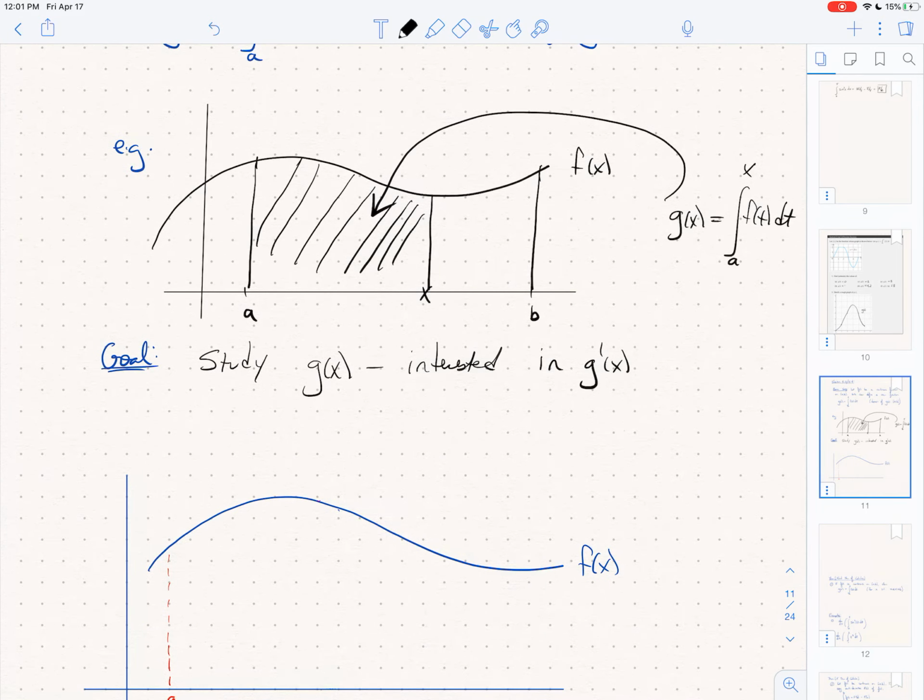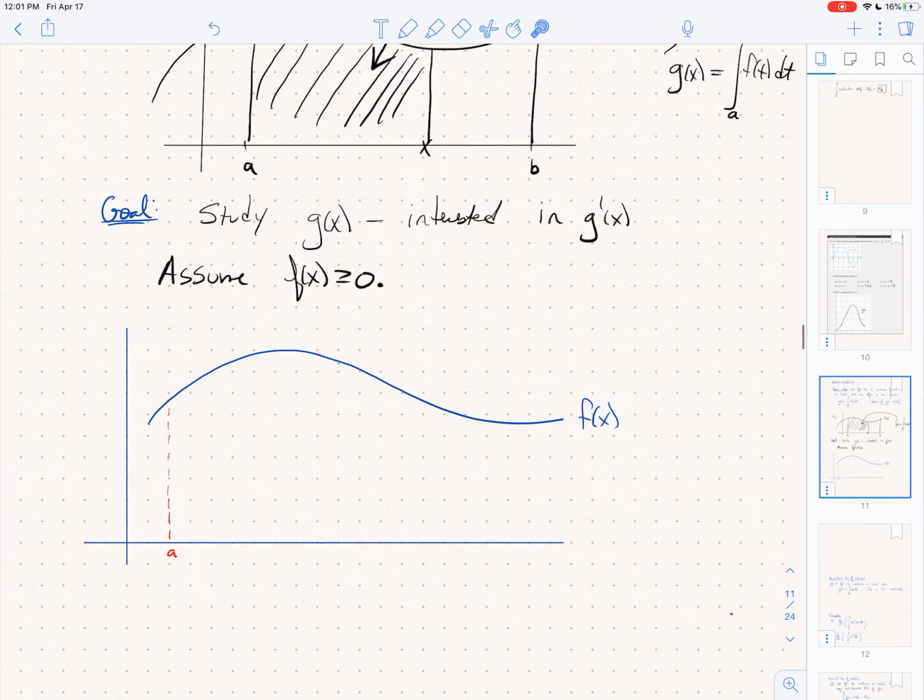And so just to help us see this picture and to see what's going on, we are going to go ahead and assume that f of x is greater than or equal to 0. And this means we can interpret g of x always as actual area. It's not going to dip below the x-axis. It can actually, but for the purposes of seeing and understanding, let's assume that it's positive. That way, whenever you see g of x, then you know that's a certain area.